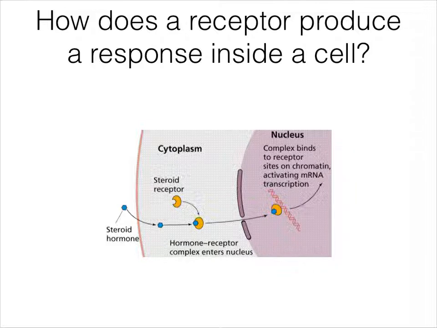You're not just going to make one protein of that gene. You're going to make hundreds or thousands of them, and you're going to do it for as long as that gene is activated, which is usually for as long as the steroid is present. But they are a little bit slower getting off the ball.